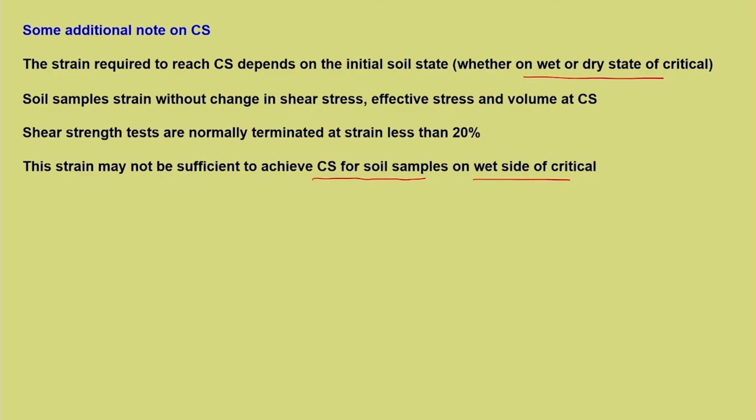Again, I told you that these are all concepts put in place. Now, in reality, what is actually happening to the soil we really do not know. So we have some termination criteria at a high strain, maybe less than 20%. So we presume that the state we define as critical state has been achieved by the soil during shearing, but we are not sure.